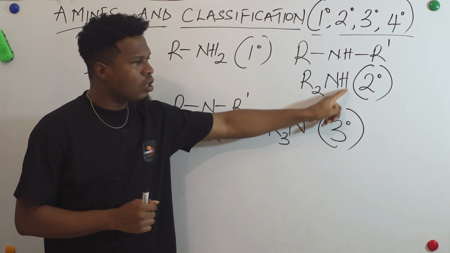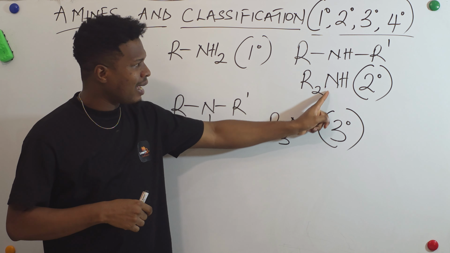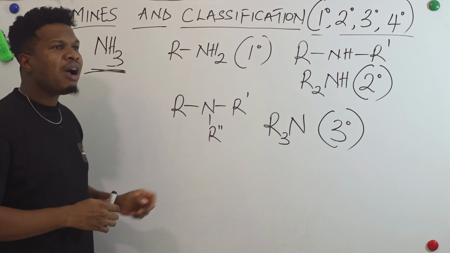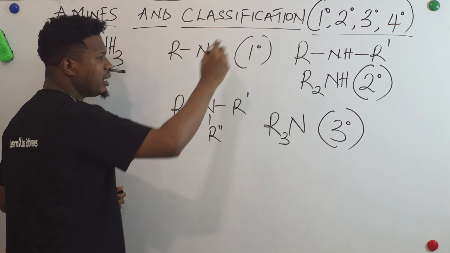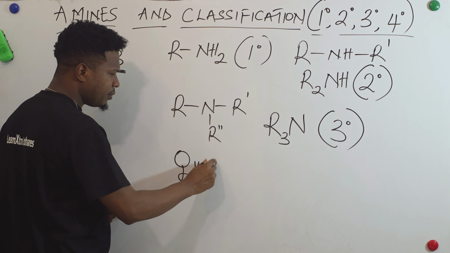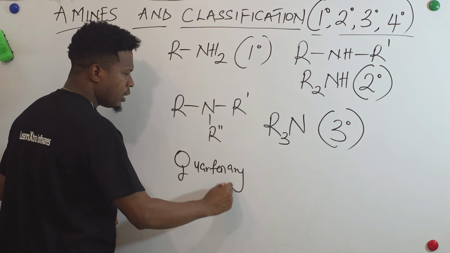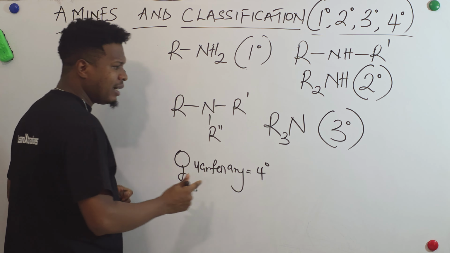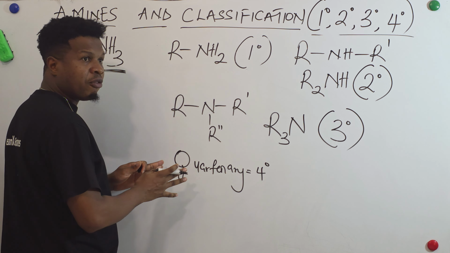A secondary amine has only 1 hydrogen connected directly to the nitrogen, while a primary amine has 2 hydrogens. Now, the last one, the 4 degree or quaternary amine. Quaternary simply means 4 degree. For a quaternary amine, the amine is in the form of a salt.